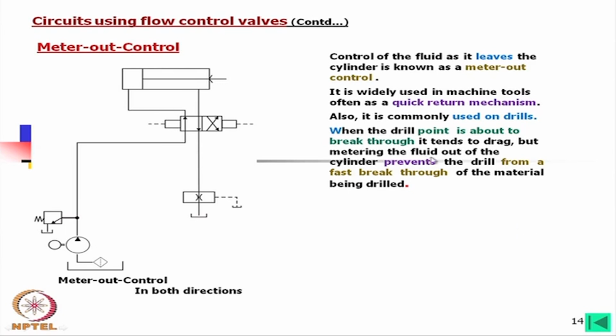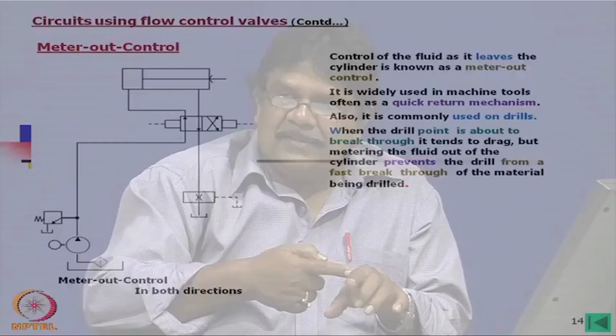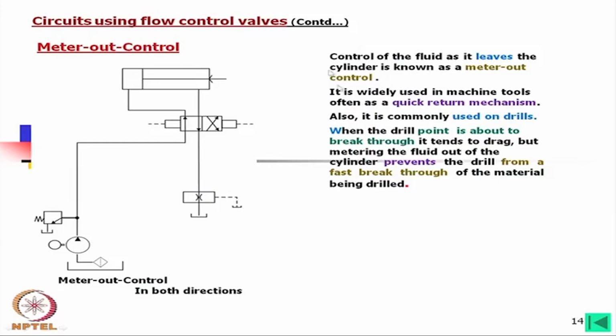So, again we should have better knowledge of the material removing process by drill. In that case, what happens when it gets stuck, then there is a back force on the drill. So, this can be controlled in a better way by meter out. Okay.